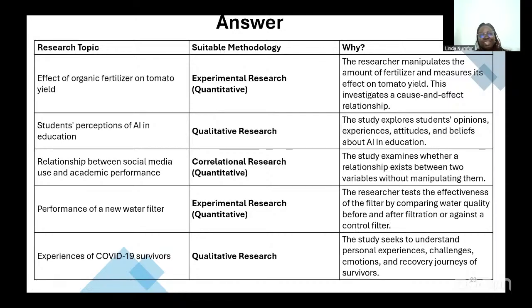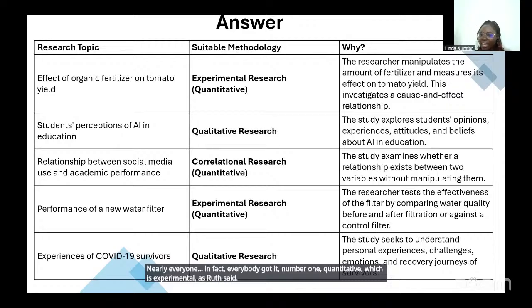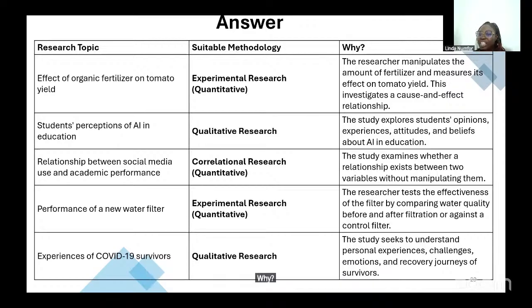Now, the research topic, effect of organic fertilizer on tomato yield. Nearly everyone, in fact, everybody got number one, quantitative, which is experimental, as Ruth said. Why? The researcher manipulates the amount of fertilizer, measures the effects on the tomato yield, and then you investigate the cause and effect relationship.